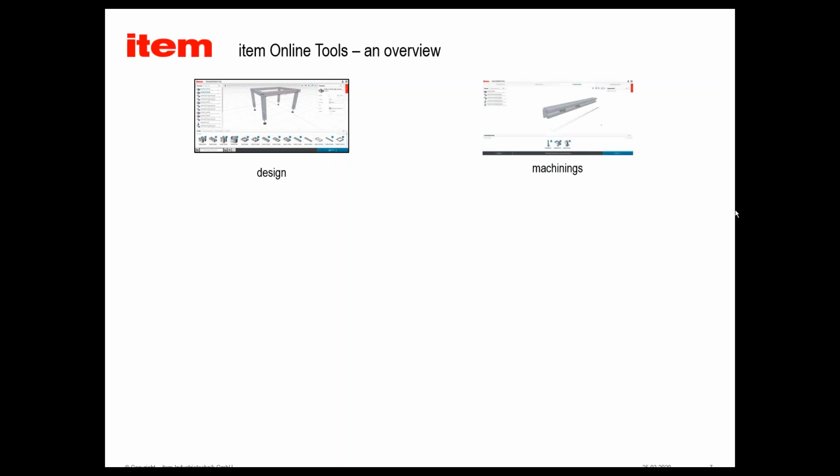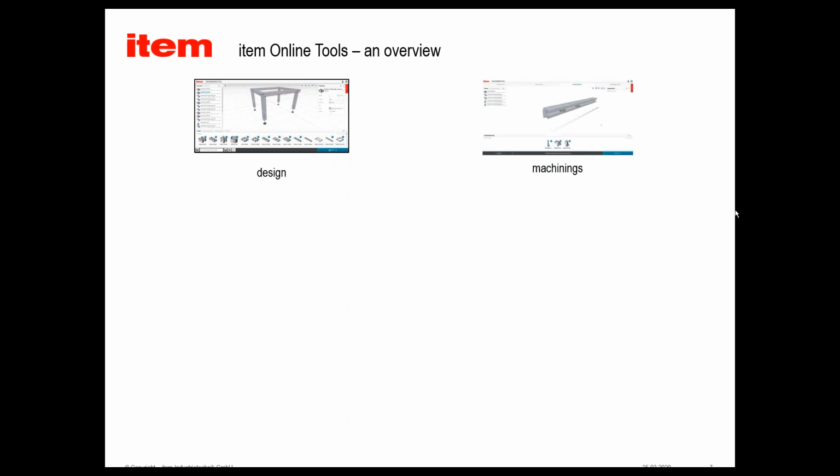Item engineering tools. Which tools belong to the product family of our online tools? At first, it's our designing tools, our item engineering tool, the heart of our software and our own development. This is the part of today's webinar.